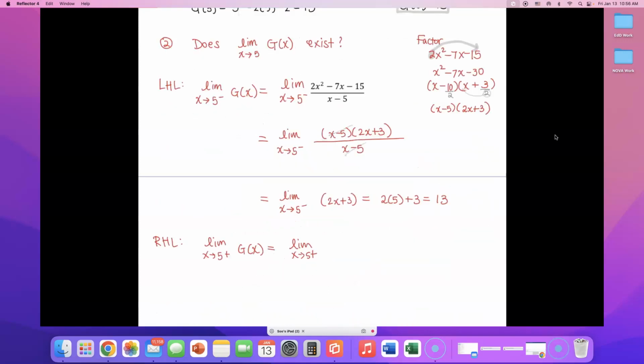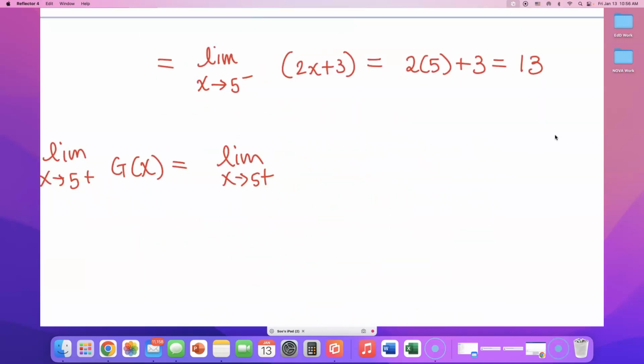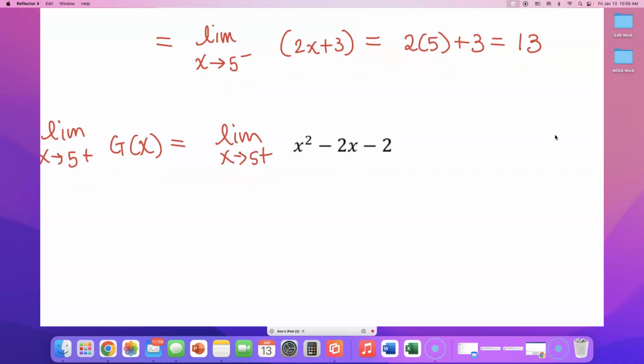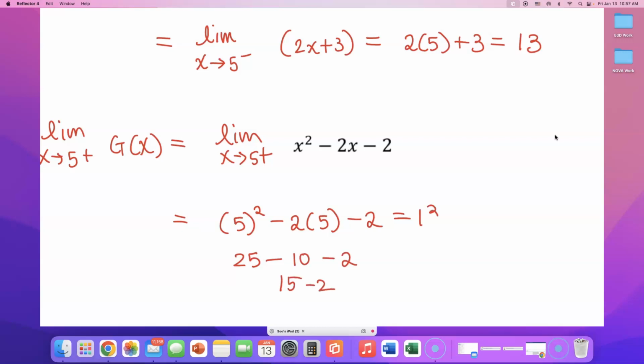So I'll copy this and I'll put this down here, okay? So let's evaluate this by just direct substitution. So that will be 5 squared minus 2 times 5 minus 2. And I remember doing this. This was 25 minus 10 minus 2, right? 15 minus 2. That got us 13 earlier when we evaluated the function value.